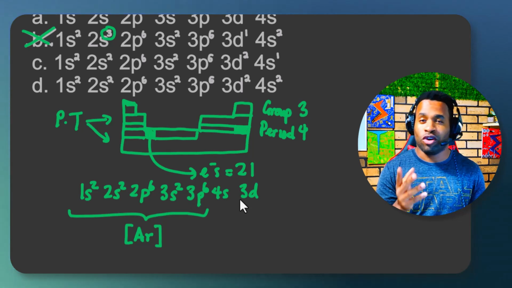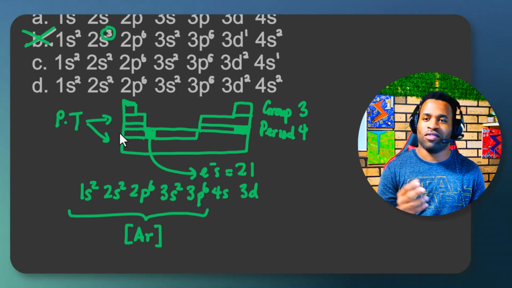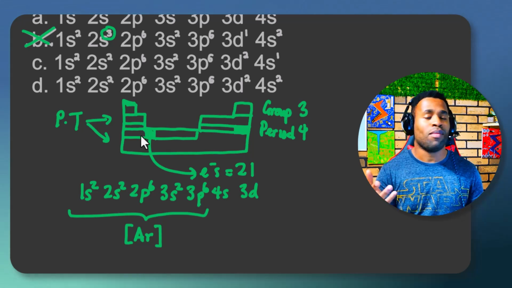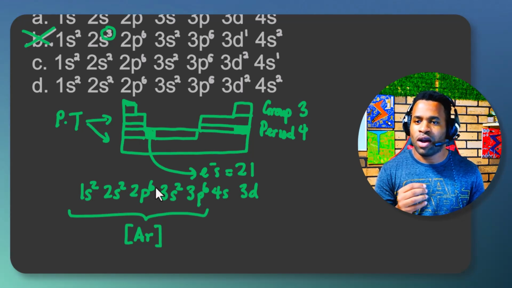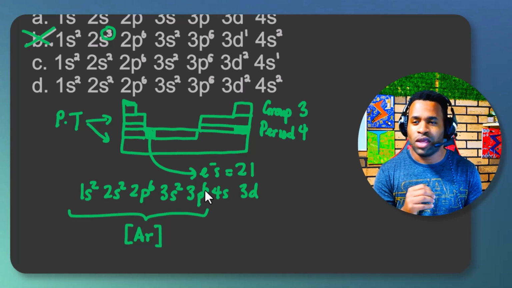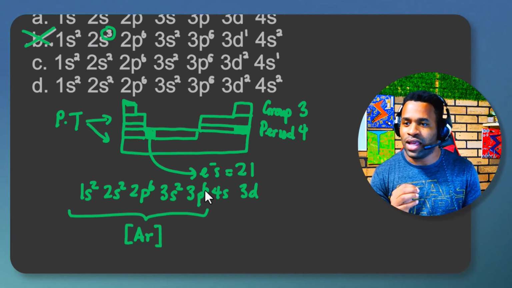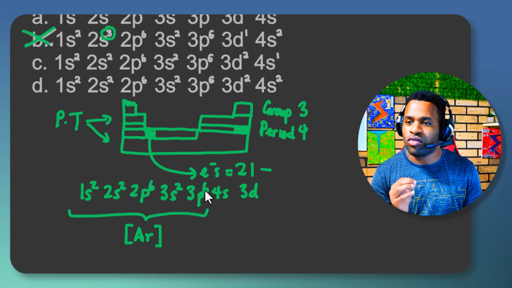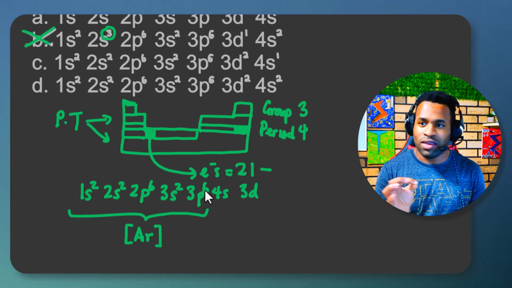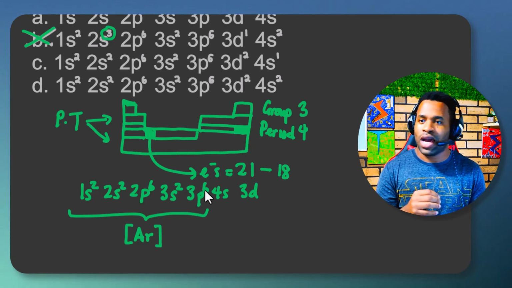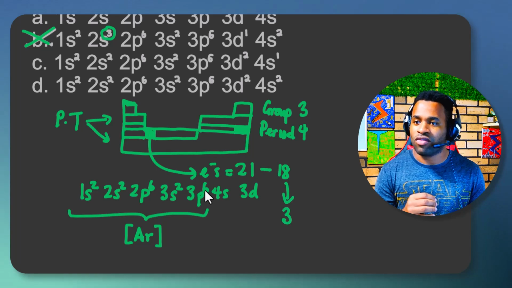Once we have this, how many electrons do we have left? When we look at all this, we've used up in total 18 electrons, and so we subtract 18 from 21, and we have 3 electrons left.